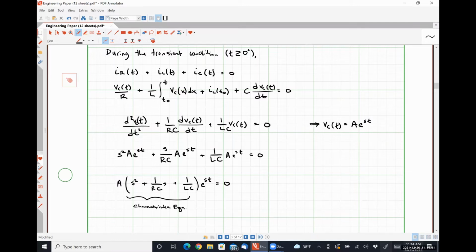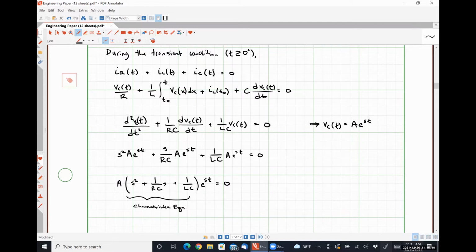Okay. So it's my characteristic equation because if A is 0, this is a trivial solution, everything is 0, right? So that's effectively what we would have if our inductor current was 0 and we never had any stored energy at all.